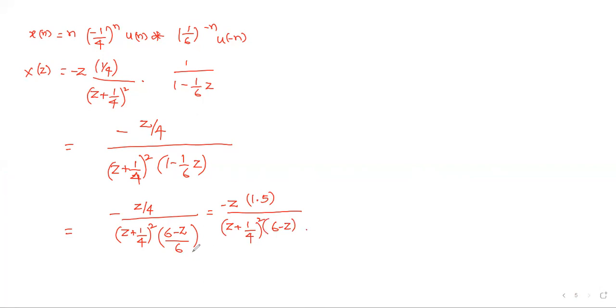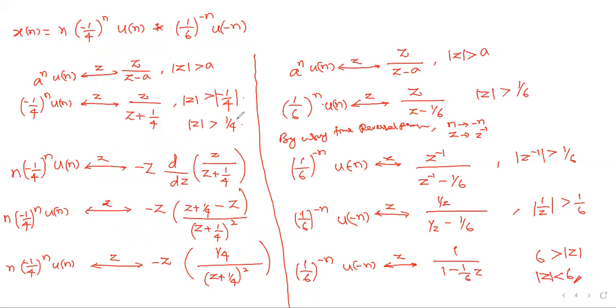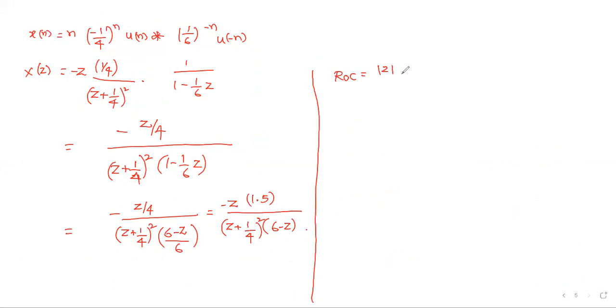Now here we need to write the ROC. What is the ROC? First ROC is mod z greater than 1 by 4, intersection.